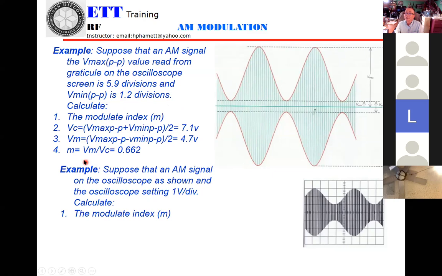They want to calculate the index, and you can say index equals Vm divided by Vc. If you try to divide, can you get 0.662? You must do it. Make sure it is more clear to you.